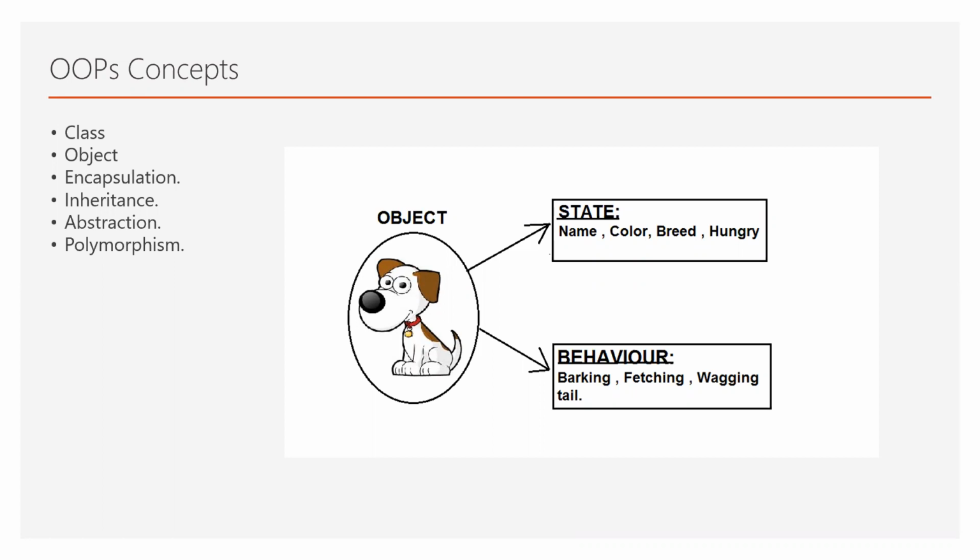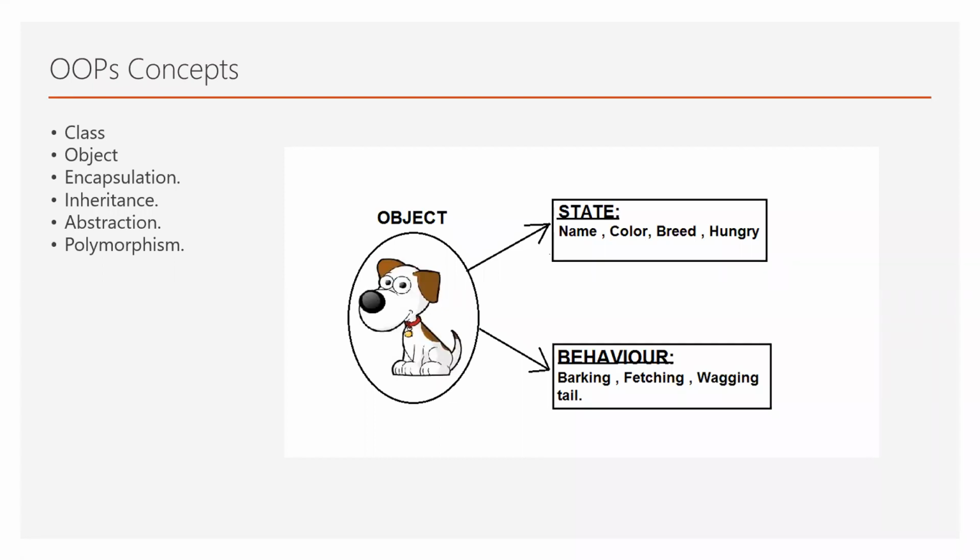For example, if you are seeing in the slide, I have one real-world entity called dog, right? Animal can also be a real-world entity, but I chose a bit more specific, like dog. Dog is an animal and dog can be a real-world object. So first of all, object-oriented programming talks about mapping all the real-world entities into objects, right?